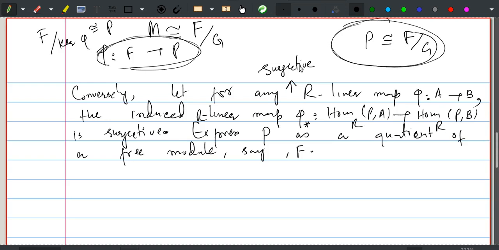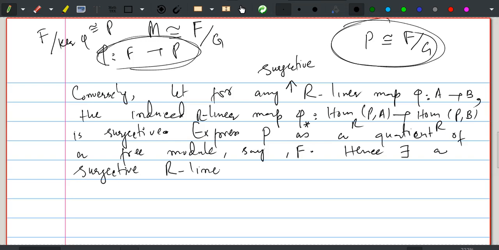Hence there exists a surjective R-linear map, say phi from F to P.